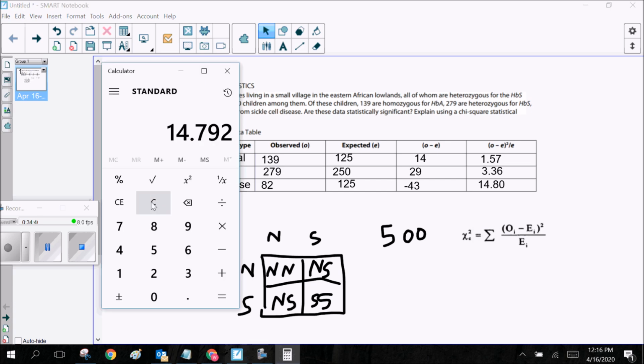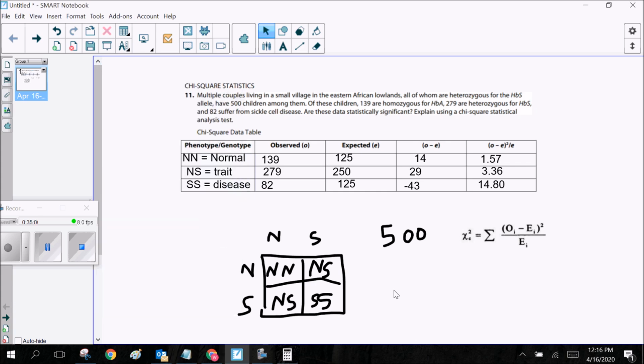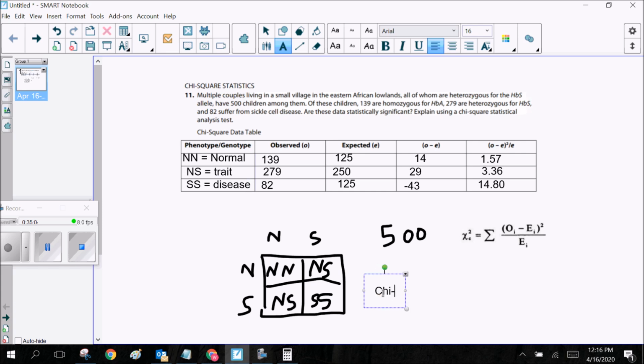So I'm going to add everything in this column: 1.57 plus 3.36 plus 14.8, and there I have my chi-square value of 19.73.